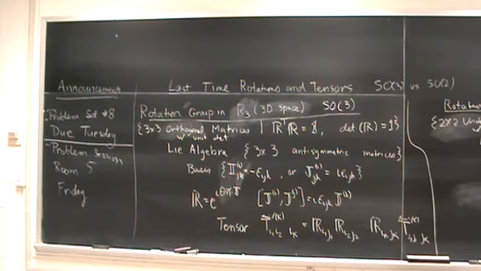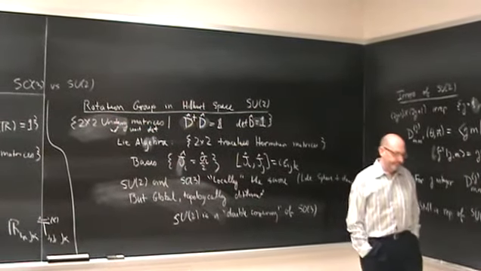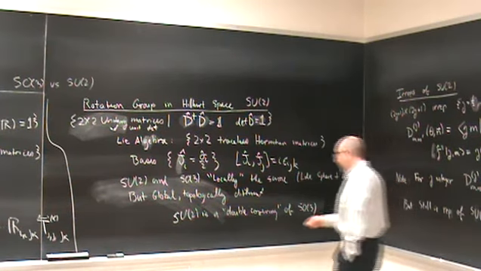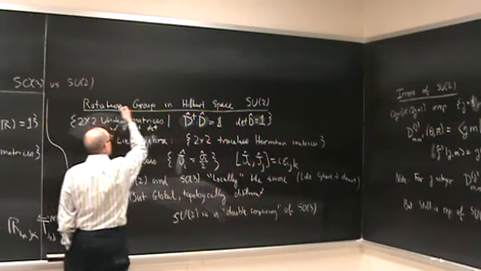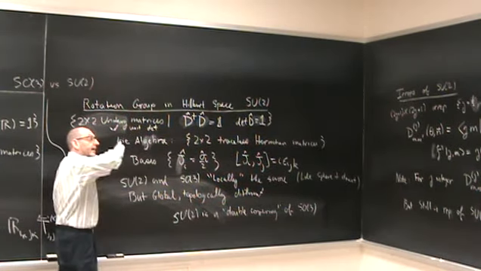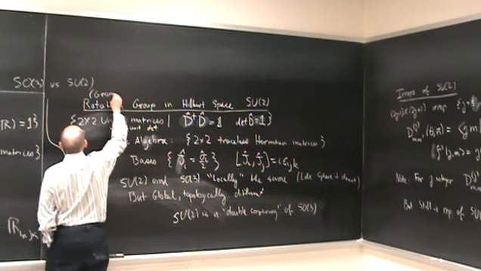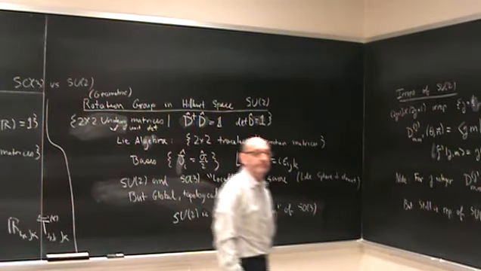In contrast, the group of rotations on Hilbert space, and what I mean by rotations, it's not an arbitrary rotation in the sense of a vector in Hilbert space. It's the one that's generating the equivalent of the geometric rotation of a 3D space.